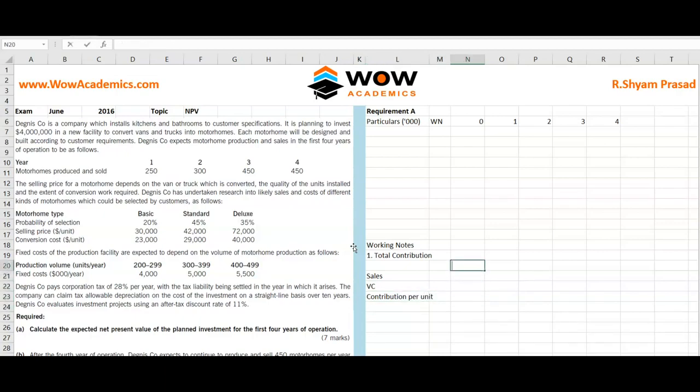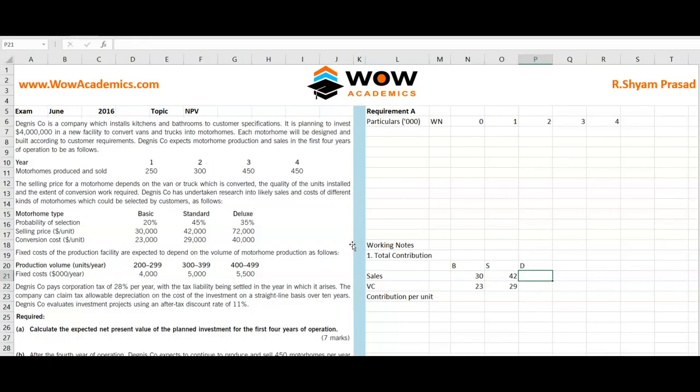So we have three types of products: basic, standard, and deluxe. The sales value here, cutting the thousands, is 30, and 23 is the variable cost. Here it's going to be 42, and 29 is the variable cost.